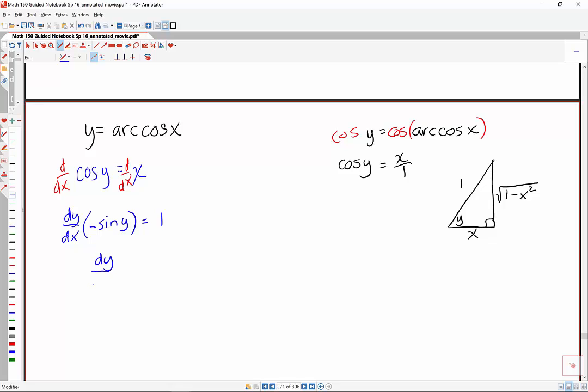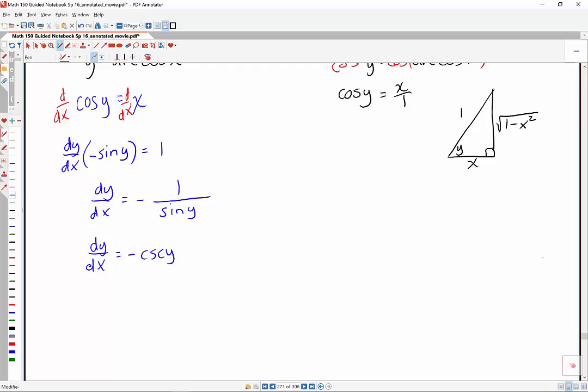So dy dx will be equal to negative 1 over sine at y. But this is equivalent to dy dx equal to negative cosecant at y. Looking at our triangle over there, the cosecant is the hypotenuse over side opposite. So we'll get dy dx is equal to negative 1 over the square root of 1 minus x squared.